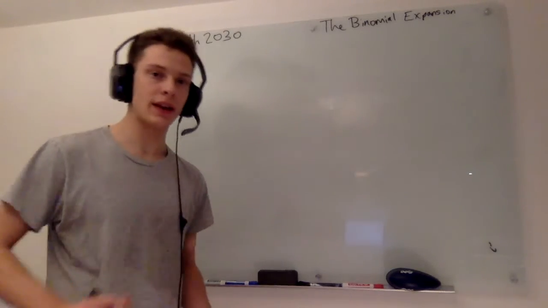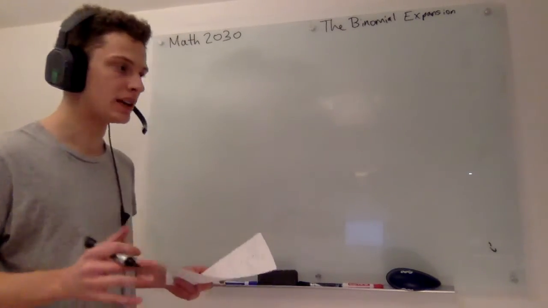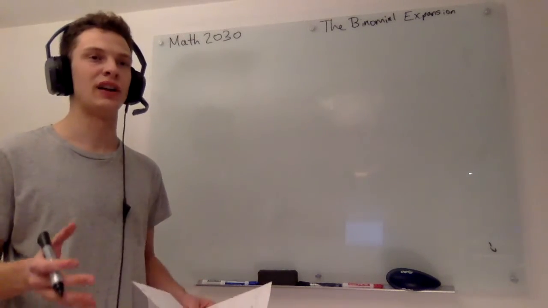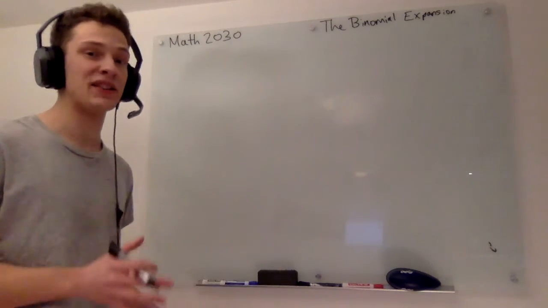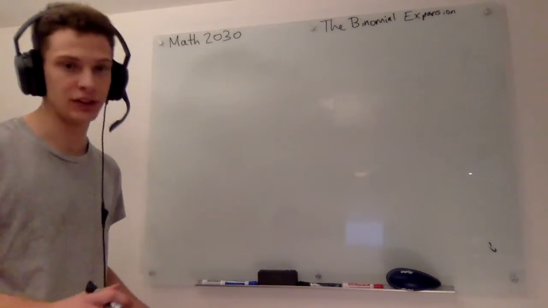Okay, now we're going to look at some problems from the textbook that will hopefully be a little bit easier for us to get a handle on and shed some light as to what's actually going on when we're expanding the multinomials.